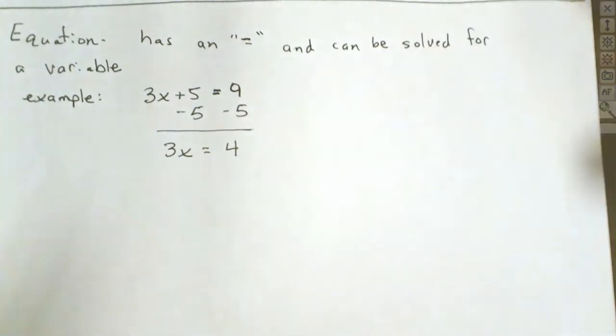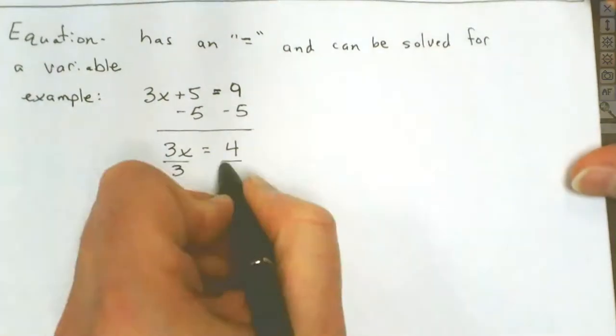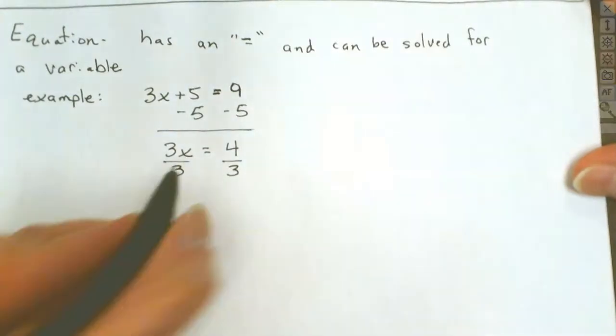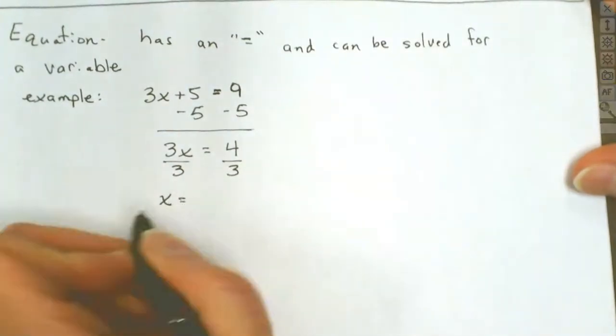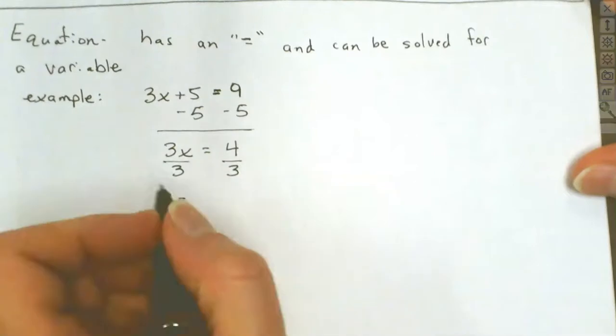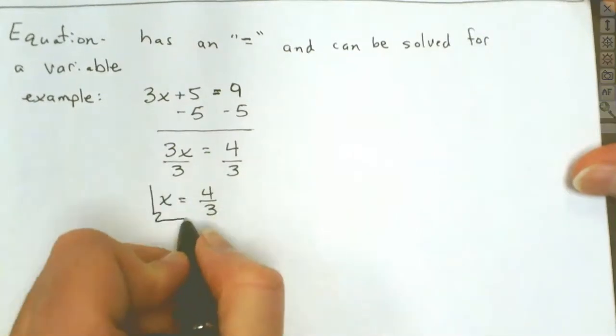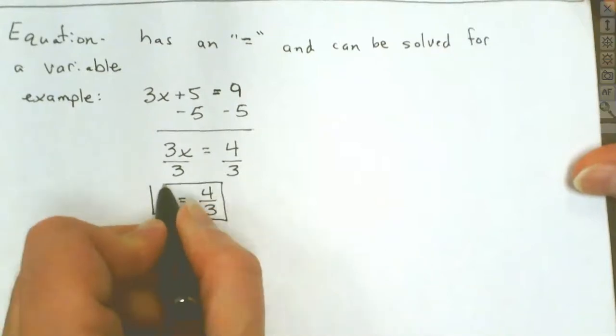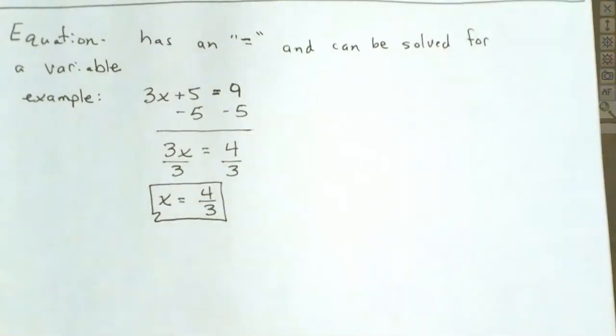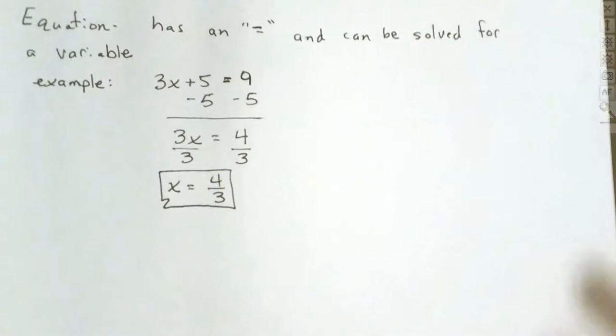And we finish it by dividing by that 3. We leave fractions in this course, so we'll leave this as x equals now 4/3. So this again was an example of an equation. Why is it an equation? It's an equation because we have an equal sign, and we can solve this for the value of x. We can find what x equals.